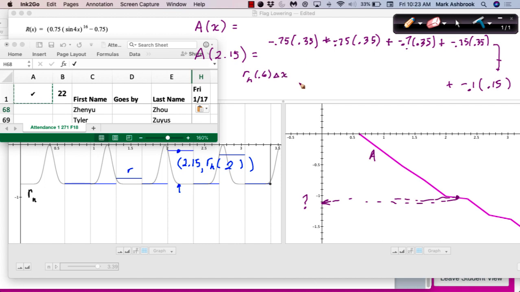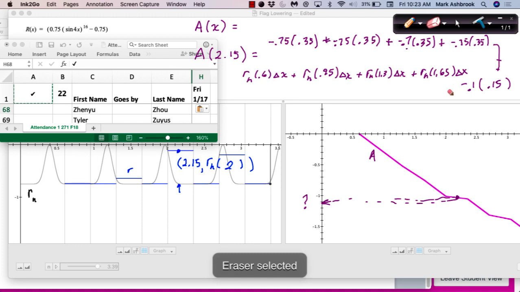Yeah, and then we just repeat that, so it would be plus R sub H of 0.95 times dx plus R sub H 1.3 dx plus R sub H 1.65 dx, and then plus R sub H of 2, and then times 0.15. Okay. Good.